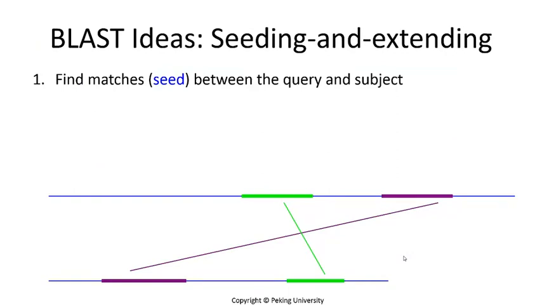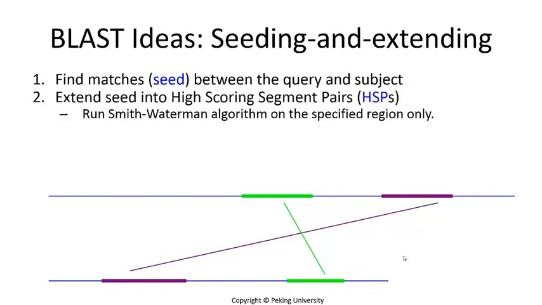Specifically, BLAST will first find highly similar small segments between the two sequences, called the seeds. These seeds will then be extended outward to construct the alignments. Finally, BLAST will compute the statistical significances for these alignments in order to reduce false positives.